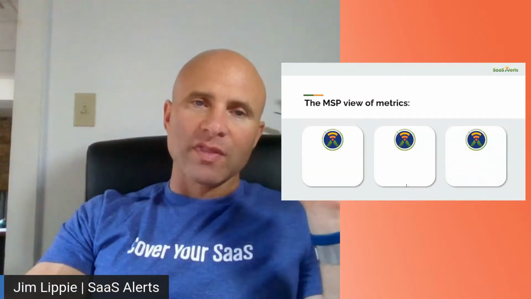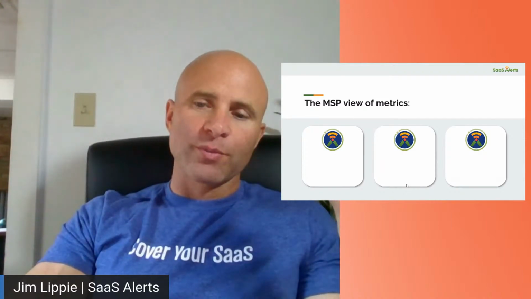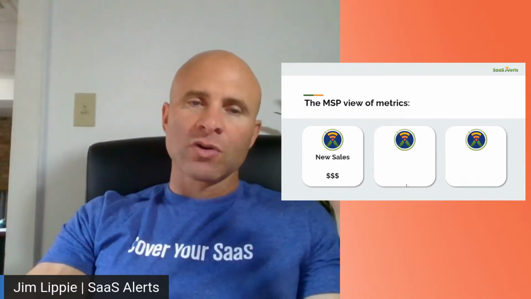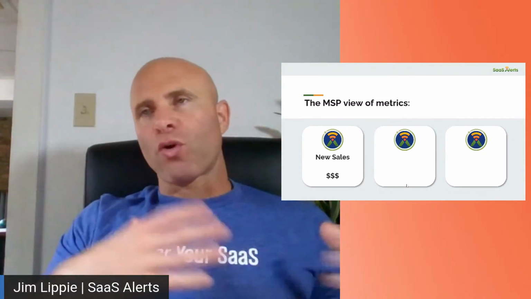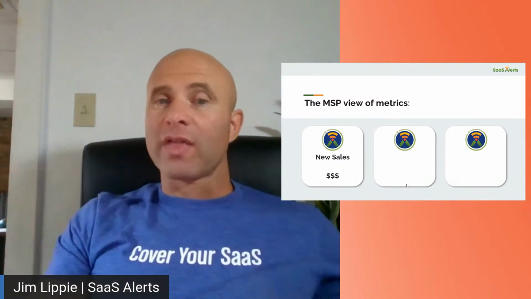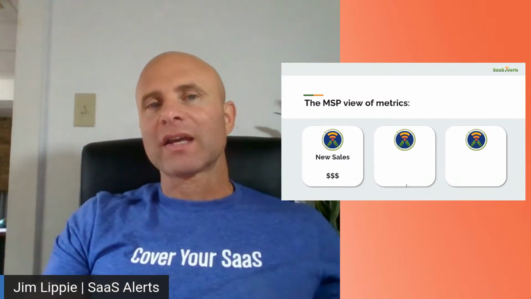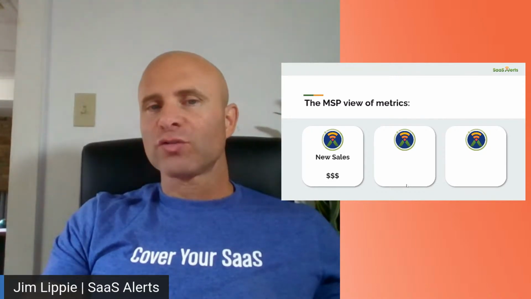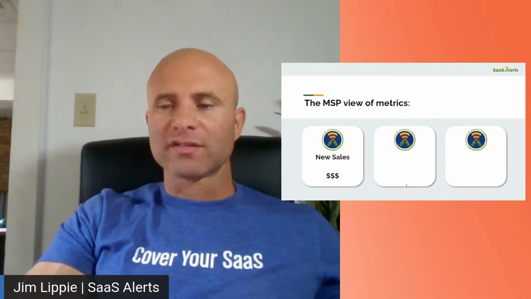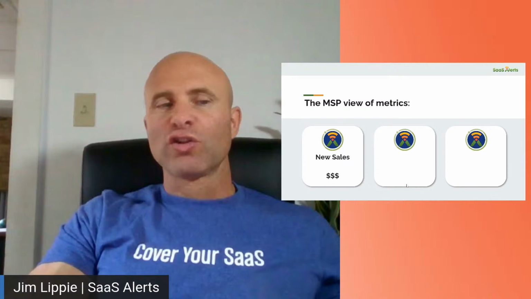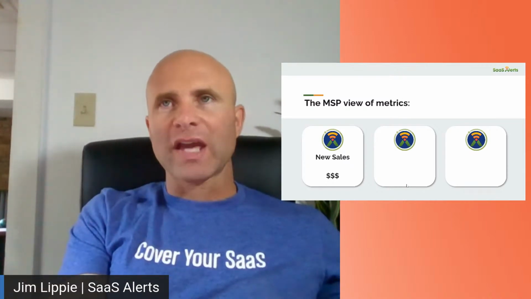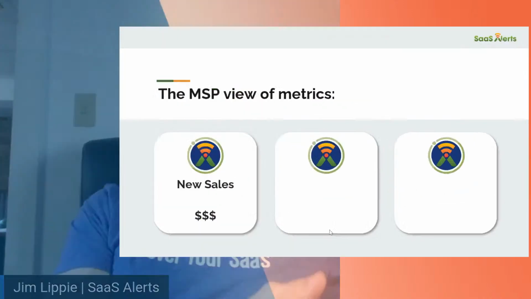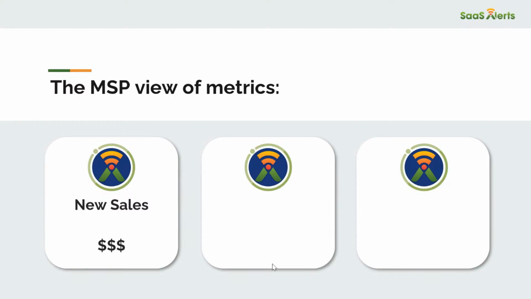Now, the MSP view of metrics. After working not only as an MSP but working with MSPs for so long, I feel like the way MSPs view metrics is really siloed, specifically when it comes to the sales side of things. So you look at new sales, right? You look at the new monthly recurring revenue you have coming in.